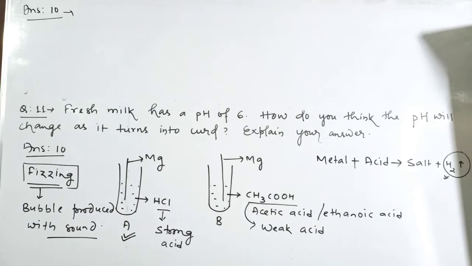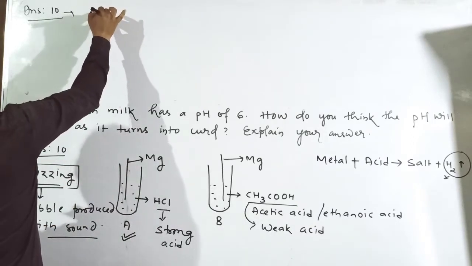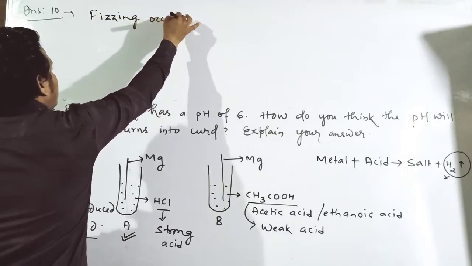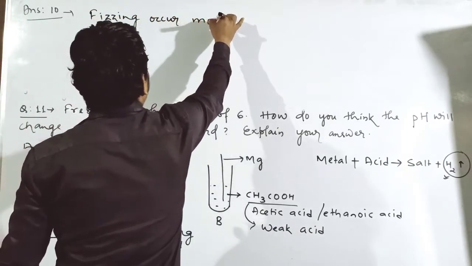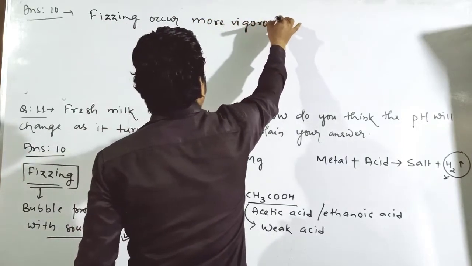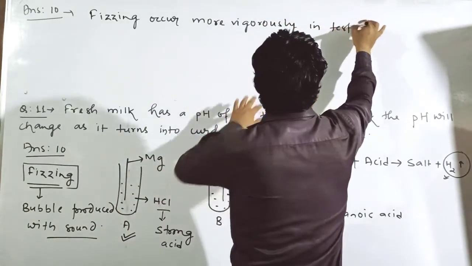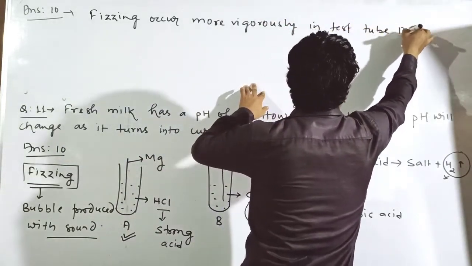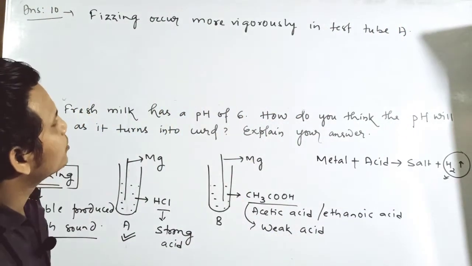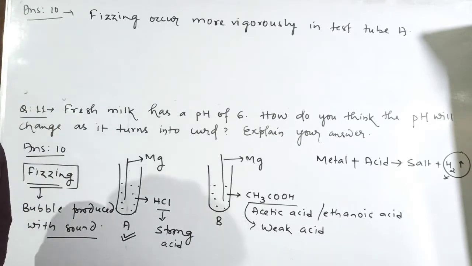We can say that fizzing occurred more vigorously in test tube A. Why? Because test tube A contains HCl.